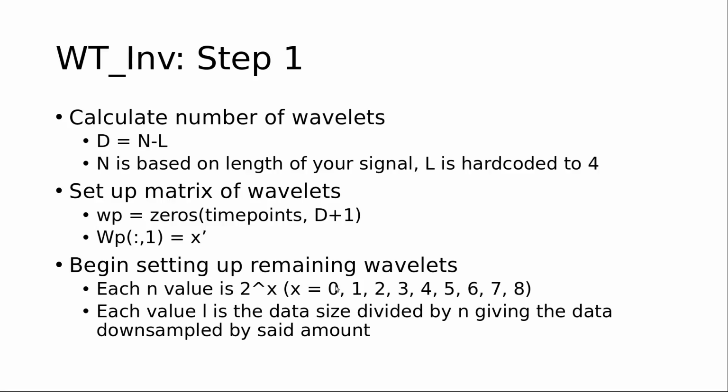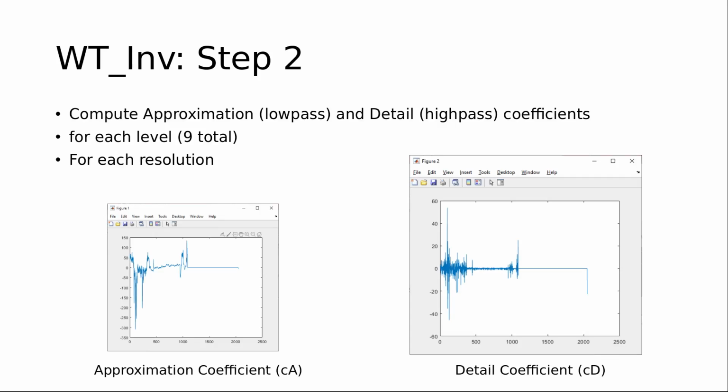So again, you're going to have 2 to the power of 0, 2 to the power of 1, and so on up to 8. Each value is the data size divided by n, giving the data downsampled by that amount. And I'll explain what that means in a second here.